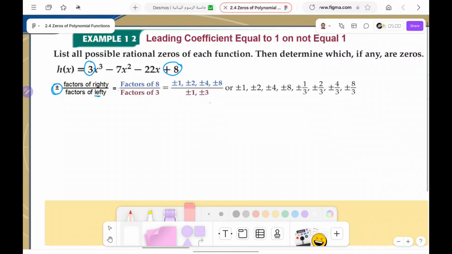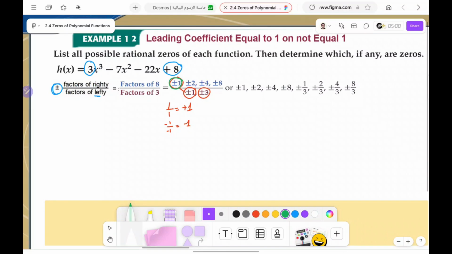Now, how do we find the possible zeros? You have to divide every term in the numerator by every term in the denominator. For example, 1 divided by 1 is positive 1, and negative 1 divided by negative 1 is also 1. Now we take the other one.